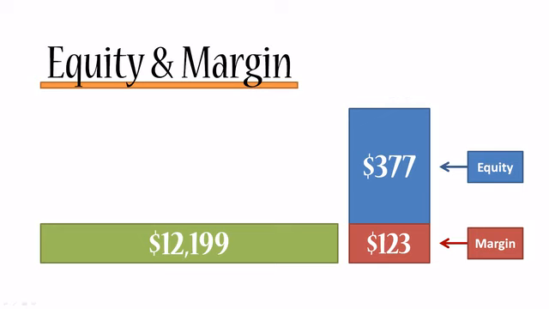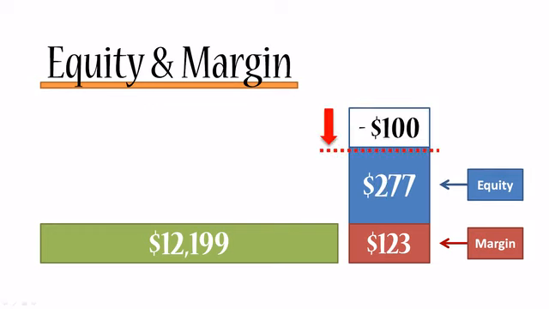Now we will find out why the broker is actually willing to provide you this money, this huge lump sum, this green box on the left here. So what happens if the market goes against you? Well, let's say the market went a certain number of pips against you, and the equity has reduced by $100.